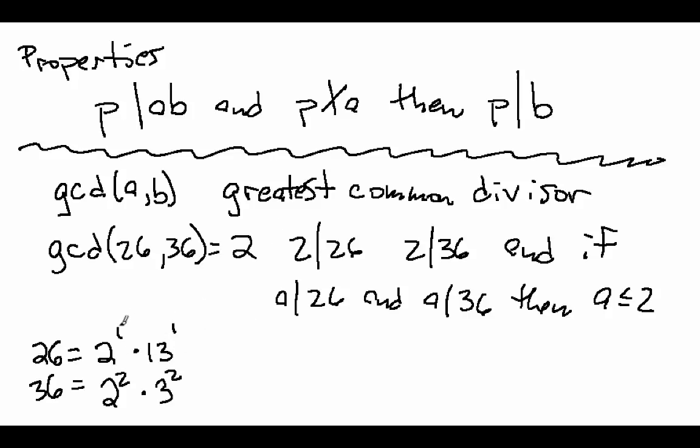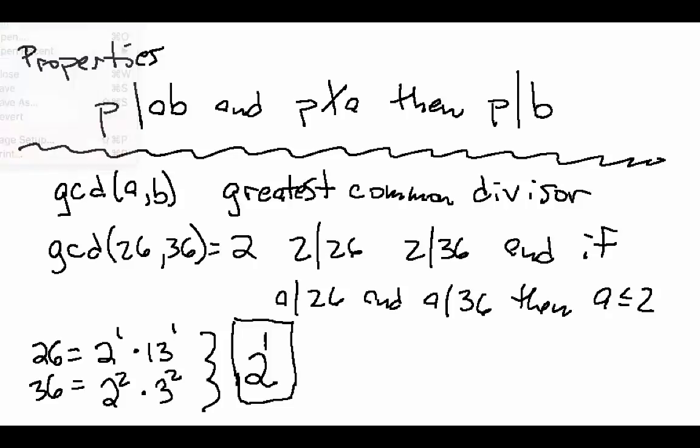I look at this unique factorization, and I first have to find what primes they have in common. The primes that they have in common over here is just the number 2. Then the other thing I have to do is look at the exponent, and I look for the smaller one. The smaller one is this one right over here. So that says to me that the greatest common divisor of these two numbers is 2 to the first, right over there.